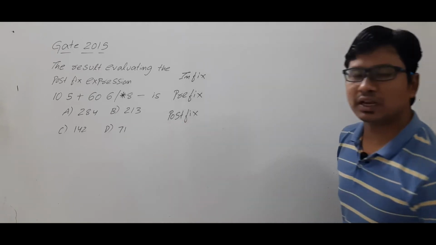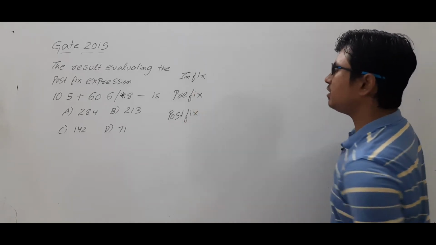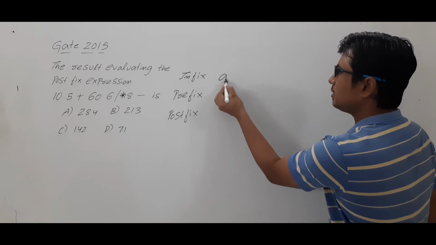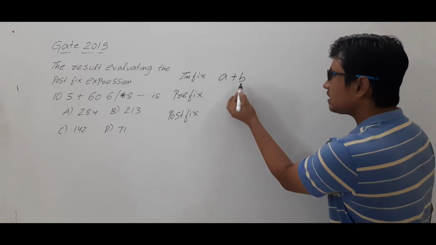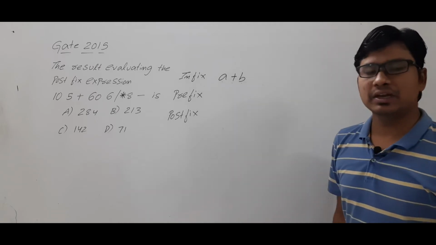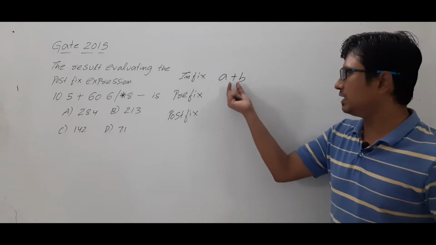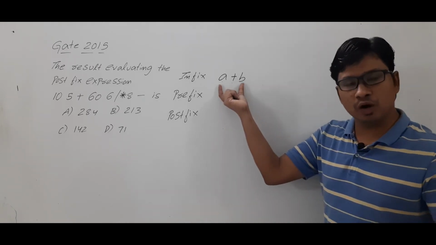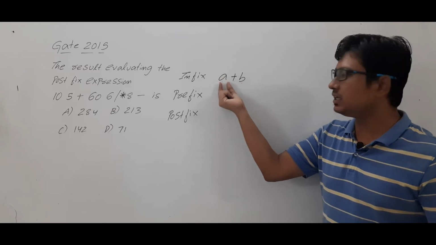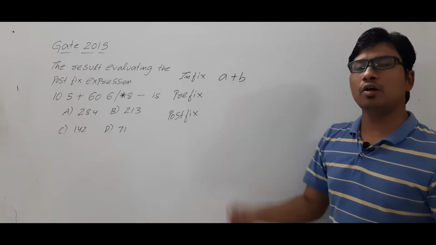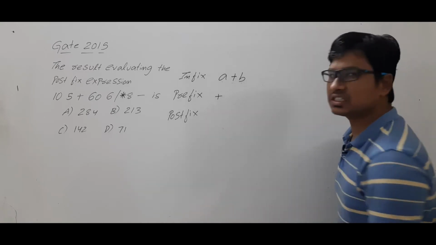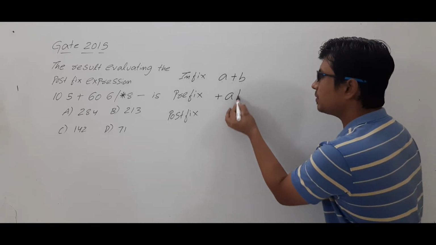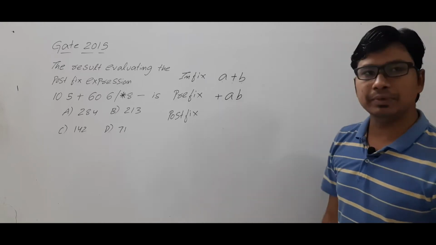Suppose I want to write a plus b. In infix it will be a plus b, meaning you have the operand, operator and operand, because whenever we want to perform any binary operation, we need 2 operands. Whereas in prefix, the operator will come first, then the 2 operands, which are a and b.